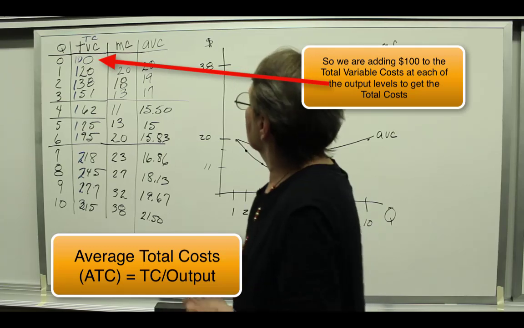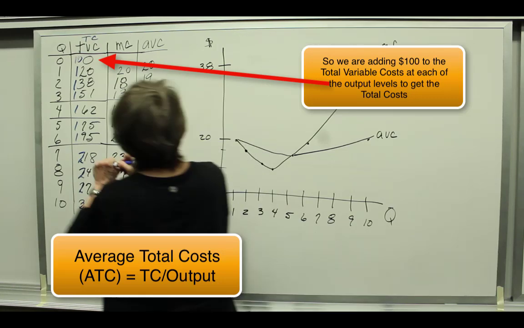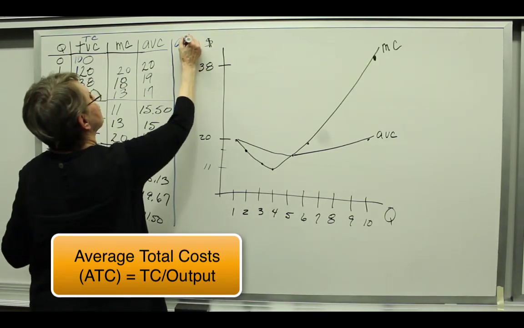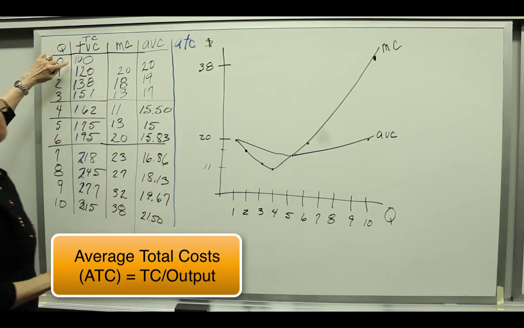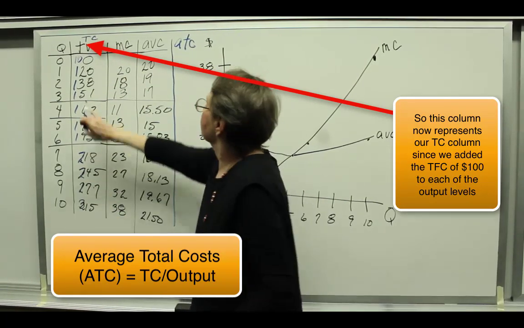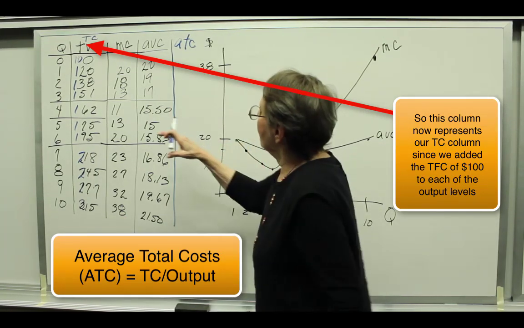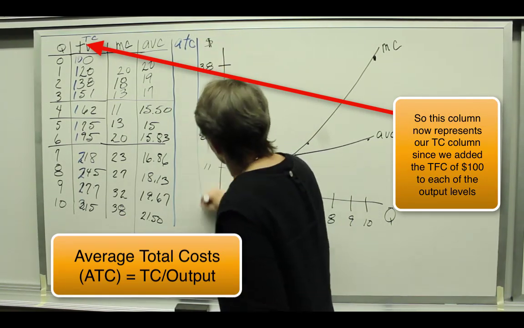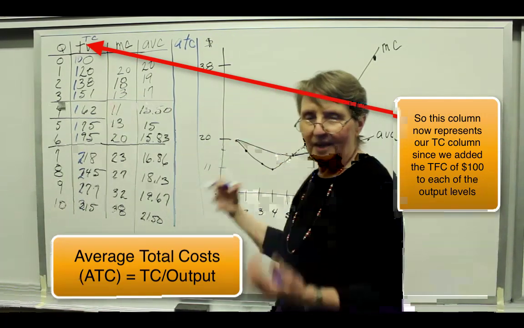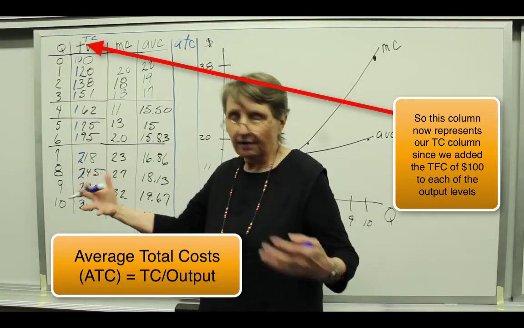So if I now want to discover average total costs, then I'm going to use these total cost figures right here, divided by the number of widgets I'm making, and we will generate an average total cost curve, which is going to be the summation of my variable costs and my fixed costs.